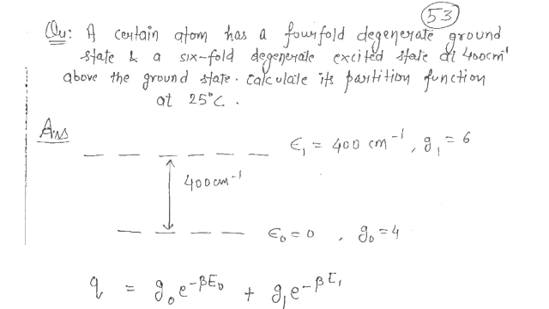Degenerate means same energy levels, and 4-fold means there are 4 energy levels of the same energy. It is asking for the ground state, so I can say that the degeneracy of the ground state is 4.